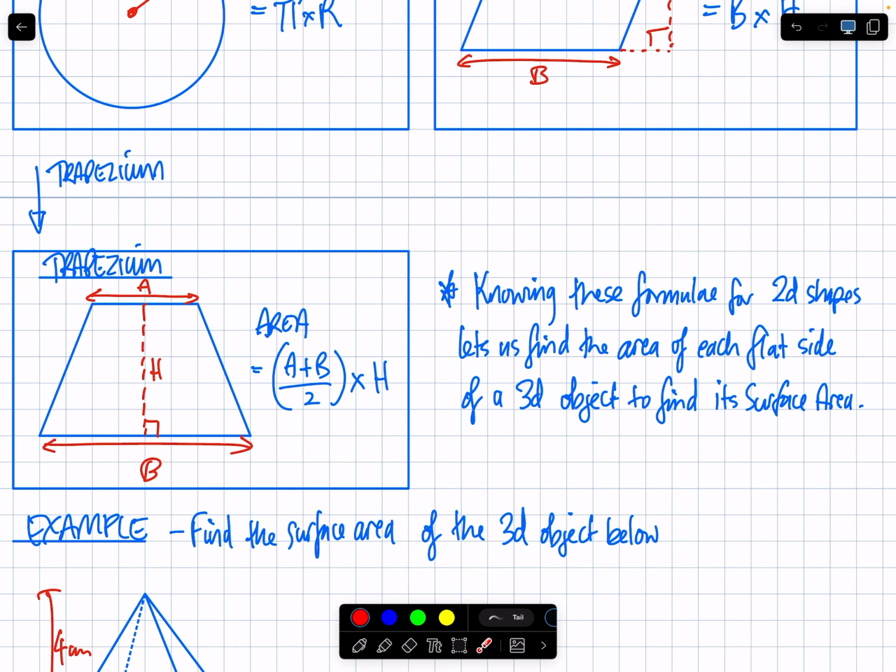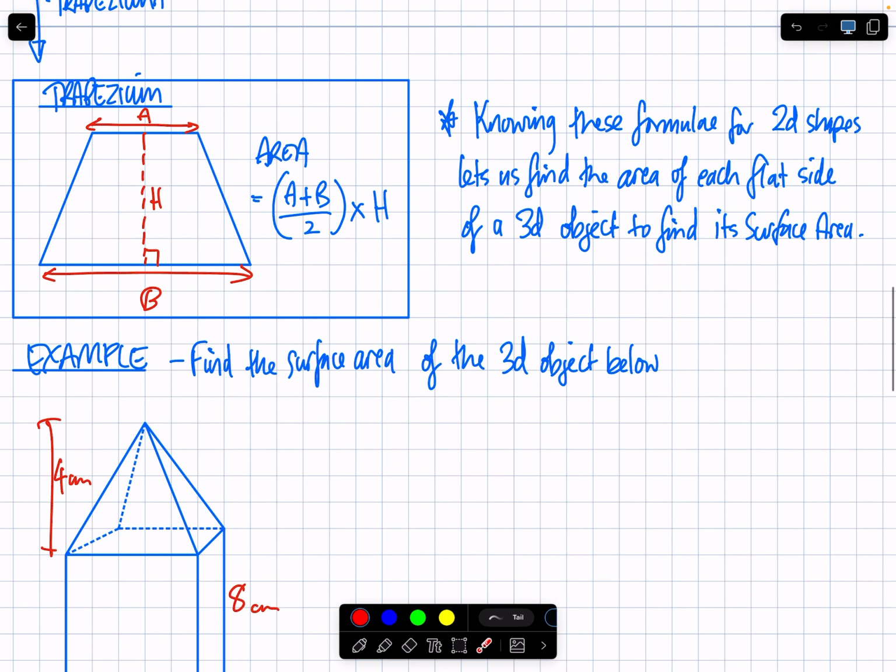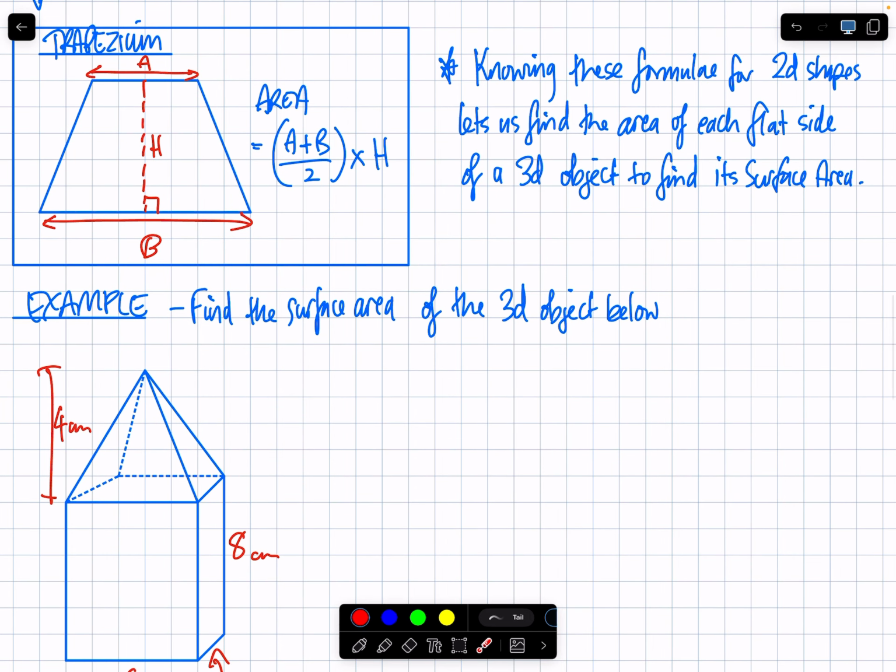I get the trapezium, but I want to demonstrate because pyramids are quite tricky. Okay? Because you're going to be told most of the time how tall the pyramid is. So how tall is straight up and down? Are the sides of the pyramid straight up and down?